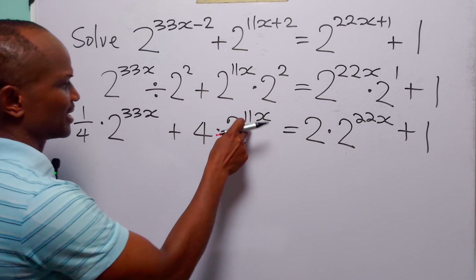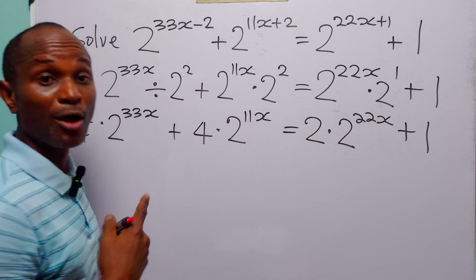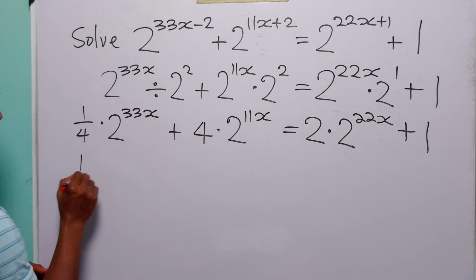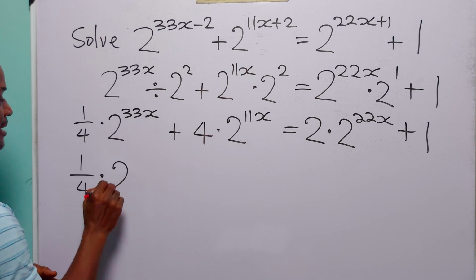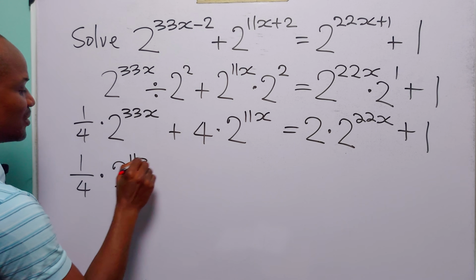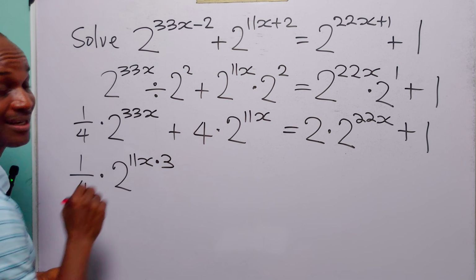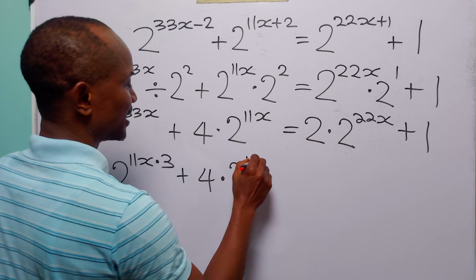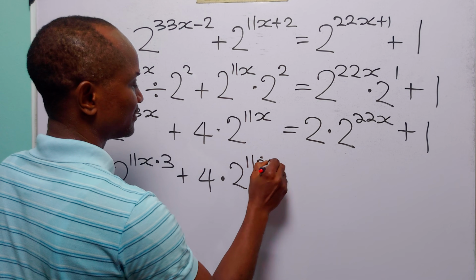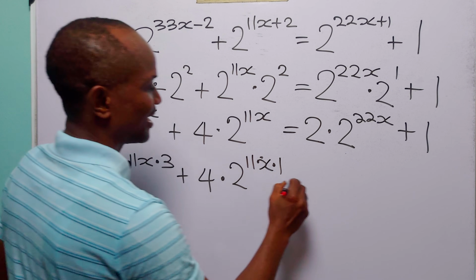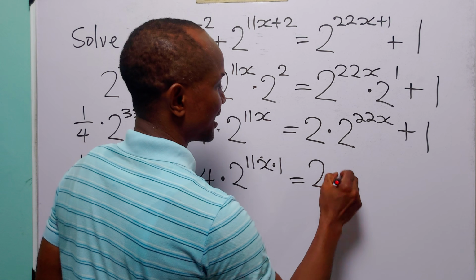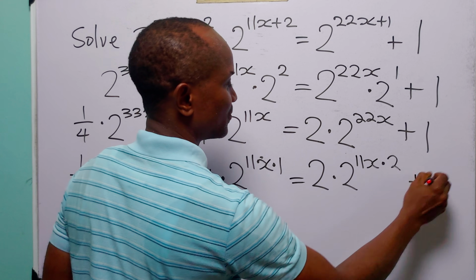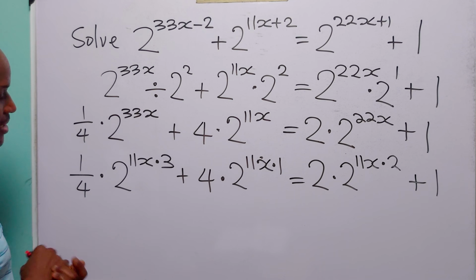Now notice that 33, 11, and 22 are all multiples of 11. So we can write this as 1 over 4 times 2 to the power 11x times 3. This is 4 times 2 to the power 11x times 1. And this is equal to 2 times 2 to the power 11x times 2. Then we still have plus 1.